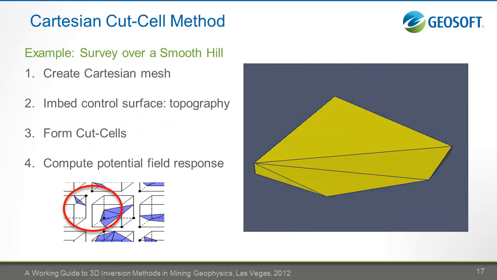This leaves us with a polyhedron from the cut cell, from which we can calculate the potential field response and then use in our modelling and inversion. And what I'm showing here on the bottom left is the fact that this cut cell is actually based on one of the 15 examples that I showed you on an earlier slide.